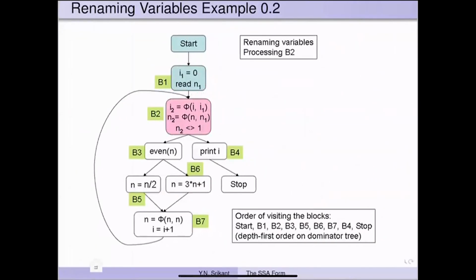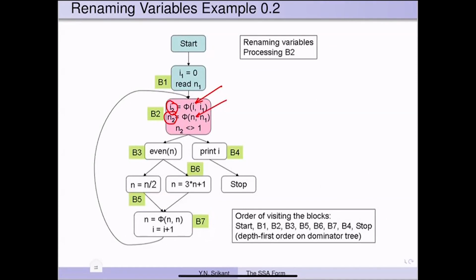Now we visit B2. So we assign a new variable I2, but please see that this I is not yet assigned a variable name. That will be done later. This definition is also assigned a variable N2, but this N also remains.